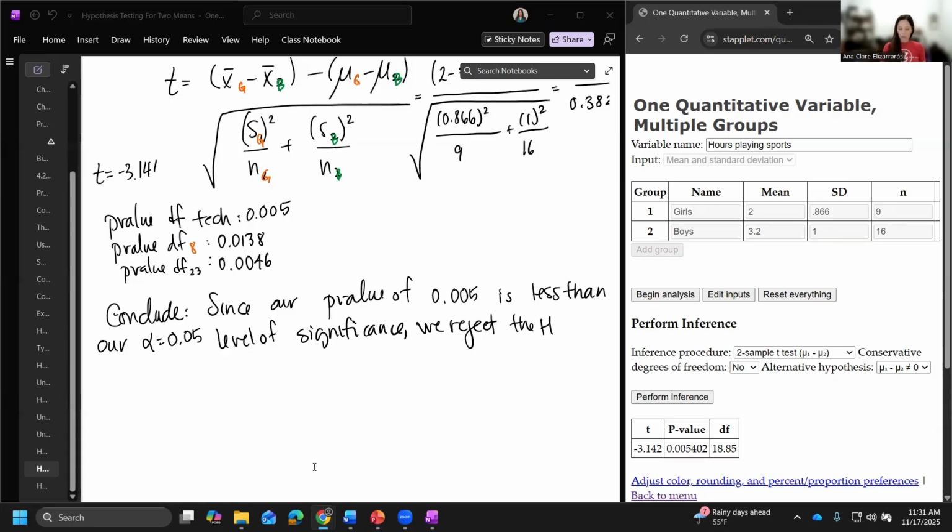And when we reject, what that means is we have evidence for the claim. We have evidence to support the claim that there is a difference.